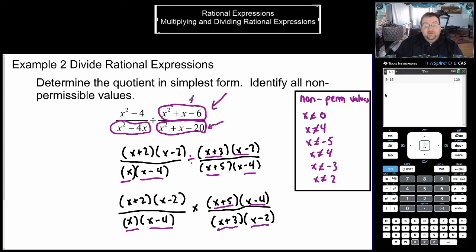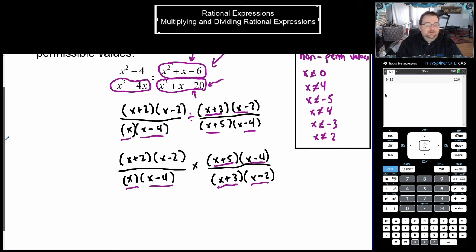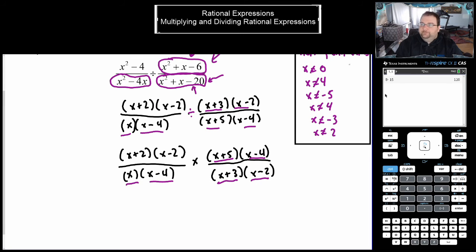This happens to be both a numerator and a denominator, and this happens to be both a numerator and a denominator. It depends on whether it's in division form or multiplication form. So all three sections become non-permissible values. Hopefully that clears that up. Please don't make this mistake on your assessments. You have been warned. Many students, that is their downfall.